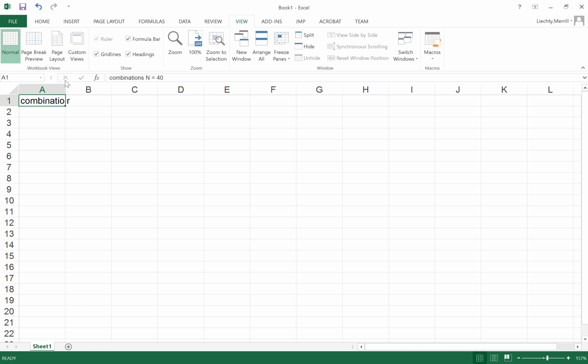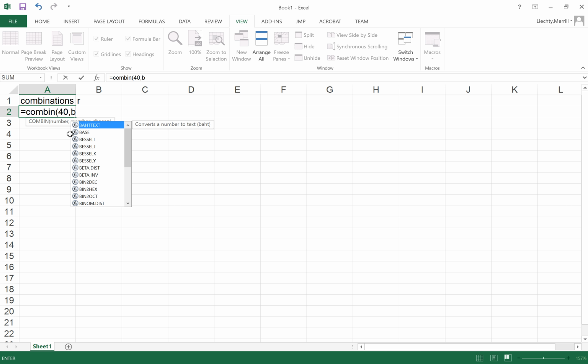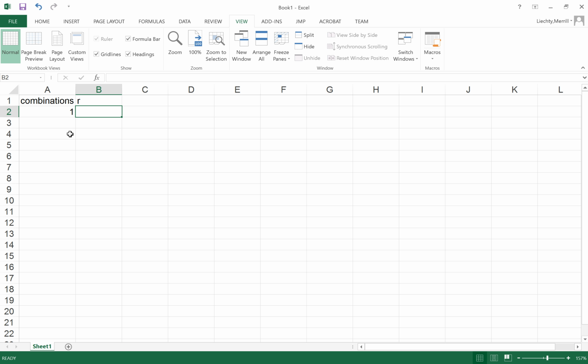Okay, so the number of combinations that we have is going to be equal to, there's a function built into Excel. You should probably learn how to use this if you have your HP48GX calculator or your TI-83 calculator. There are functions built into that as well for doing this, but I think it's good to learn how to do it in Excel. The function is called combine, or combinations, combin, and we're going to put 40 comma B2, and I haven't populated B2 yet, so I'm going to put in a 2 right here.